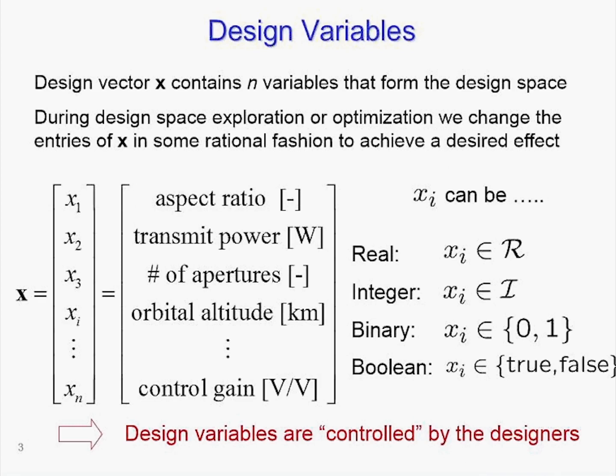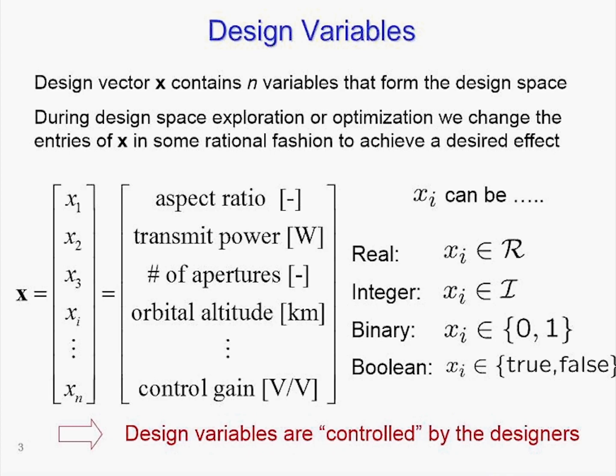physical examples. So let's start off thinking about design variables. So again, the design variables, these are the quantities or the attributes of the design that we have control over as designer, things that we can change. And we're going to write the design variables in a vector, the design variable vector or the design vector.